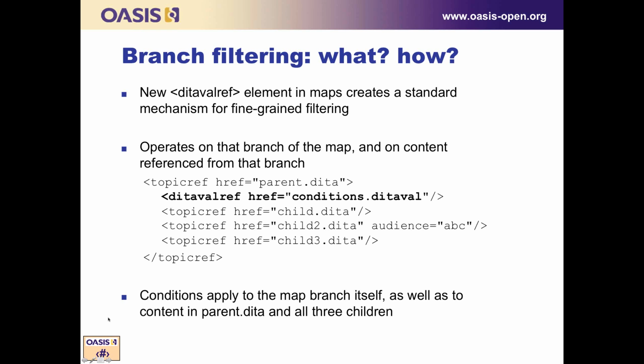They don't apply after, they don't apply before. They do apply to everything referenced from this division, so all of the content in parent.dita, in the first child, the second child, and the third child. They also apply to this branch itself. So if your conditions include a rule to filter out audience equals ABC, which you can see on the second child here, that second child topic will be entirely removed from this branch.